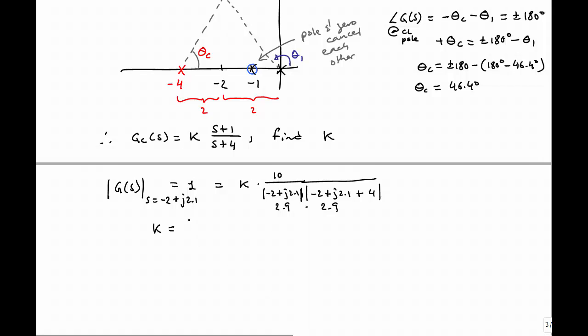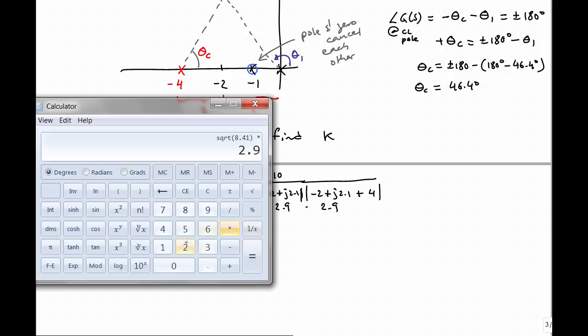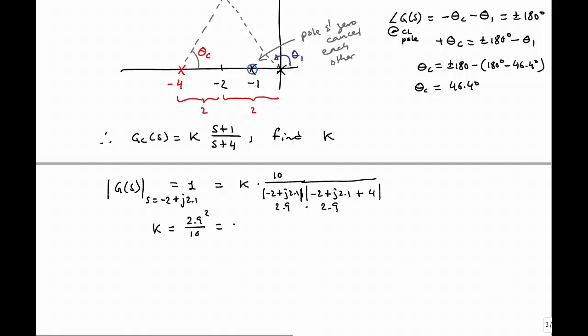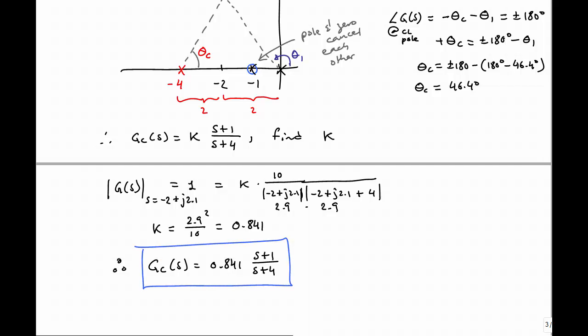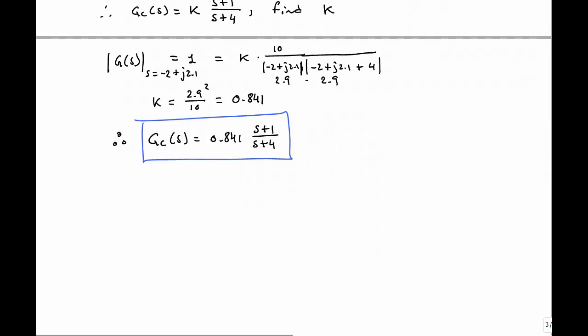So we get 2.9 squared over 10, which equals 0.841. Okay, and now we can say our compensator is equal to 0.841 times s plus 1 over s plus 4. And that is our lead compensator.